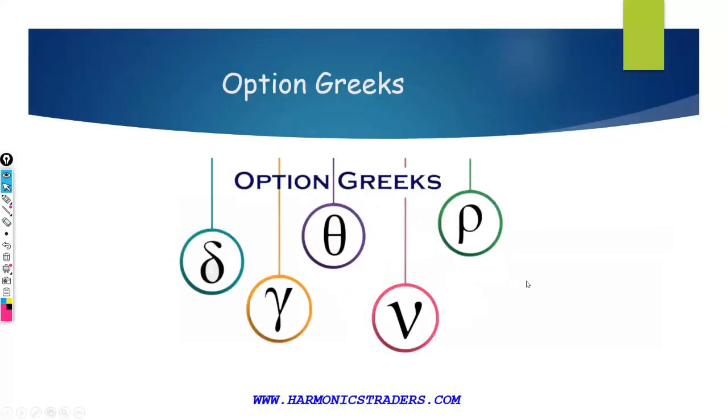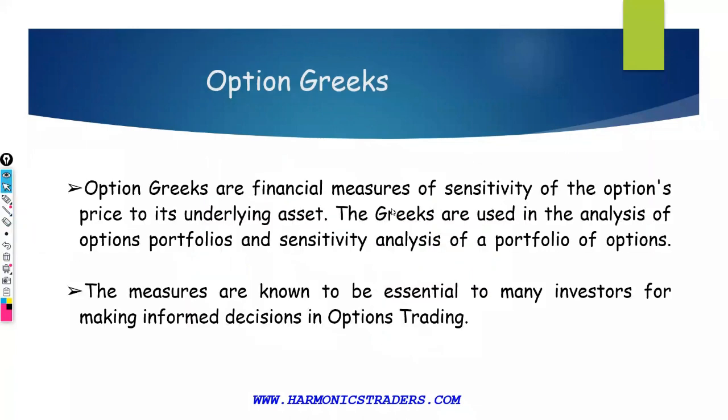So these are the commonly used option Greeks, and among these you need to know Delta and Theta very well. Those two are the most commonly used option Greeks. I'll explain why they are very important to both option buyers and sellers.